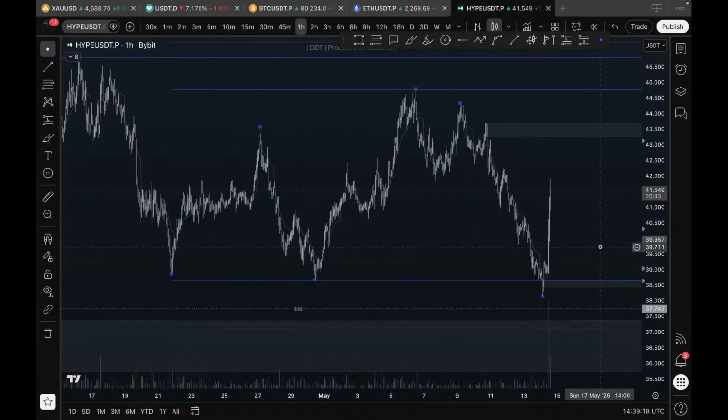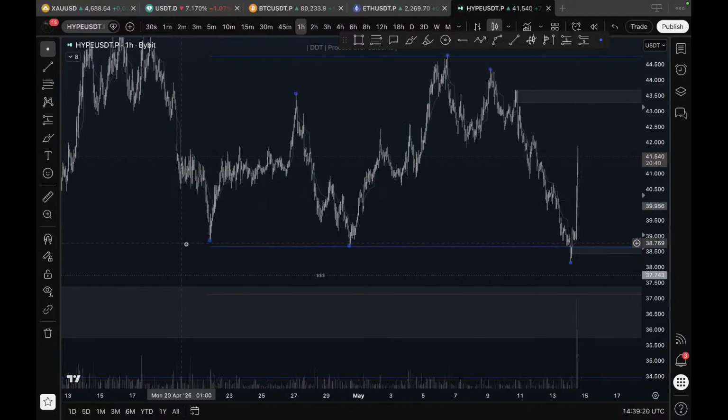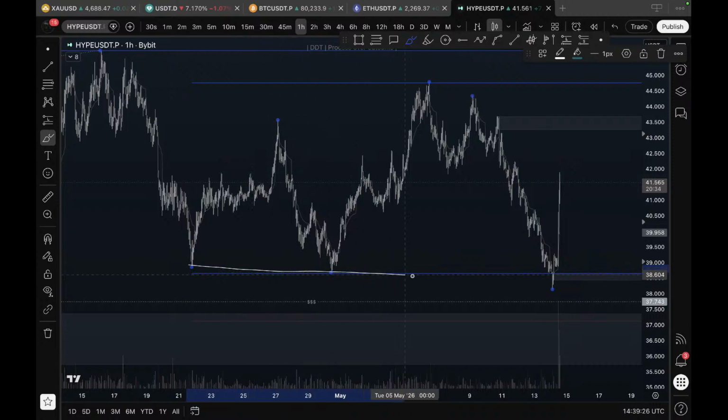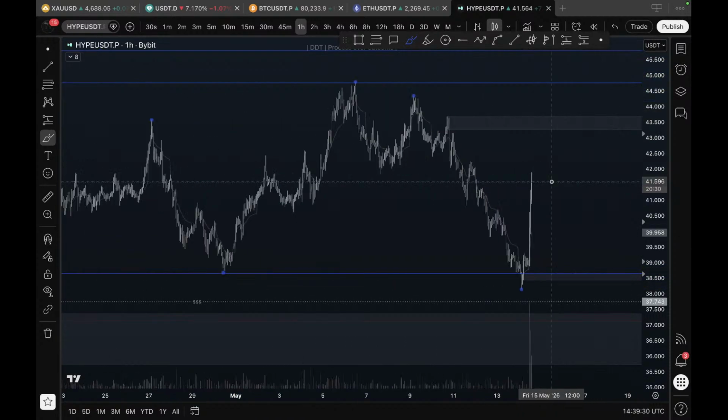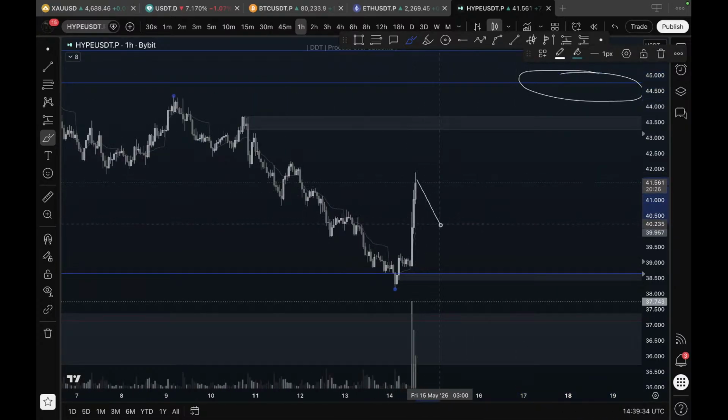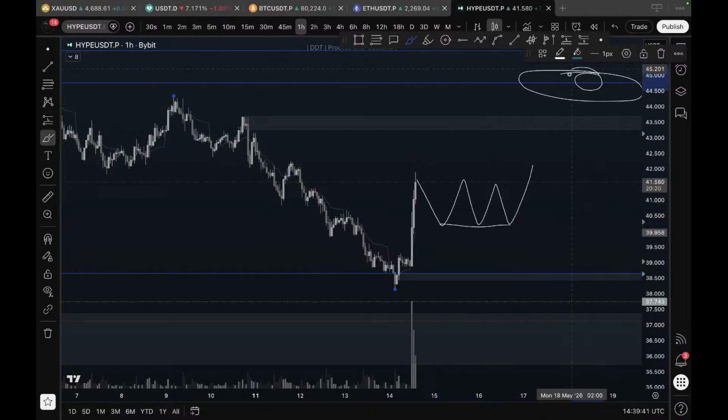But what do we have right now? We have 1, 2, 3, super clean break. So this model 1 is confirmed. Target of that model 1 is the range high. So our objective is the range high. So we can watch, do we get, for example, a range? Then look for accumulations in that range to target the high.